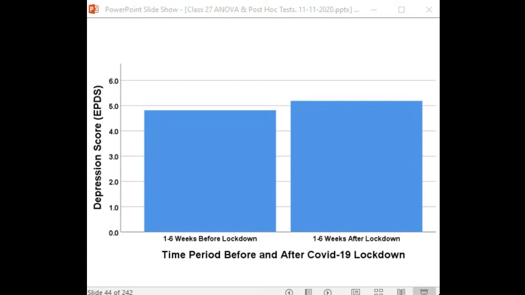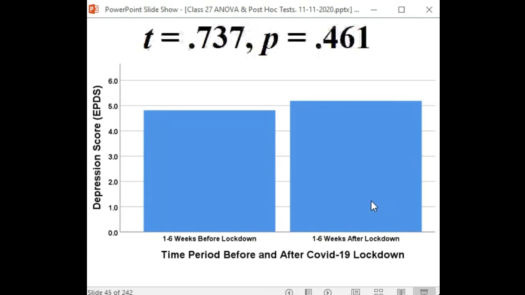Now, as we've seen earlier in this course, we can compare the depression score in the two groups of women by doing a t-test. And if we do that, we find that t equals 0.737 and p equals 0.461.